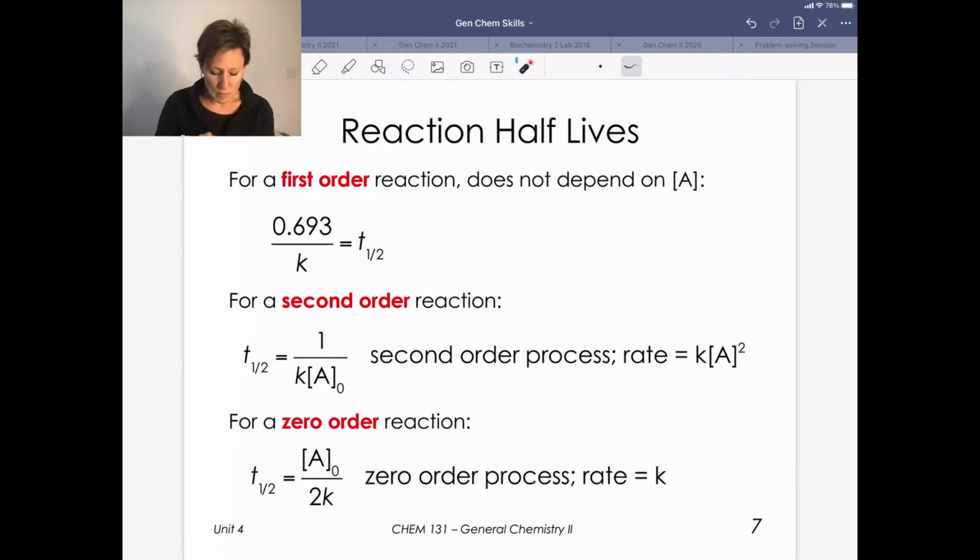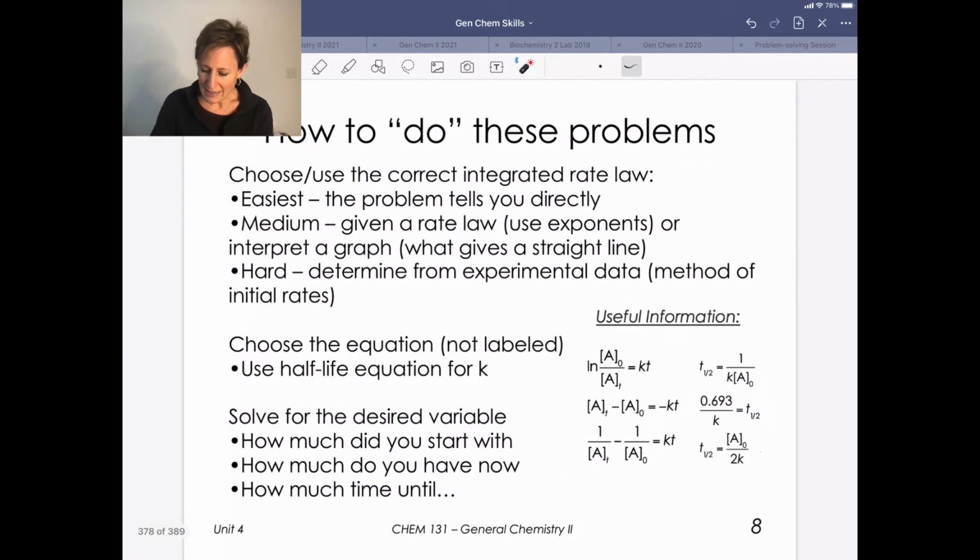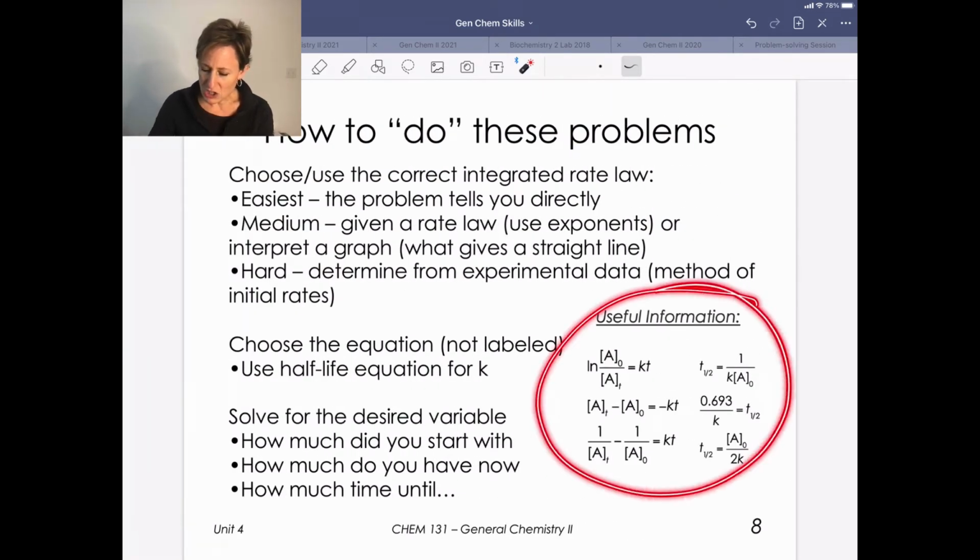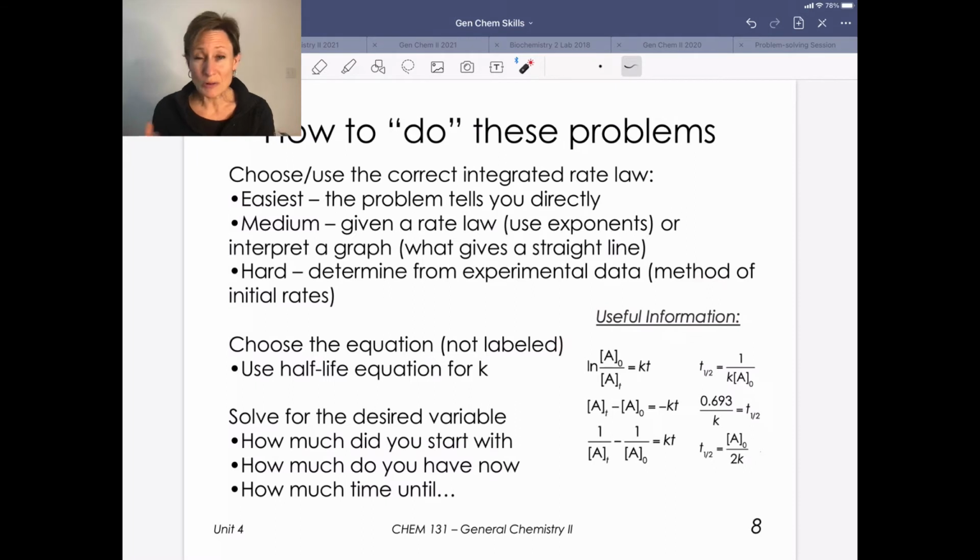Again, a way to help you remember: this is the ln flavor of an equation, this is the 1 over flavor for a second order process, and this has a sub-0 in the numerator here. You do need to remember which ones of those are. This is going to be how this information is given to you. Just a laundry list of equations. You need to pick out the one that you need.